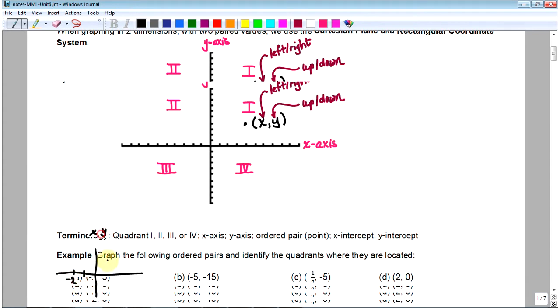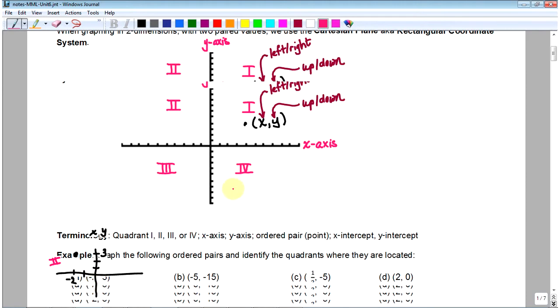My 3, which is y, is positive, so that means I need to go up 3 spaces. So my point would be located here, just signifying that with a dot, and I can see that that's located in the second quadrant. And that's it for example A.